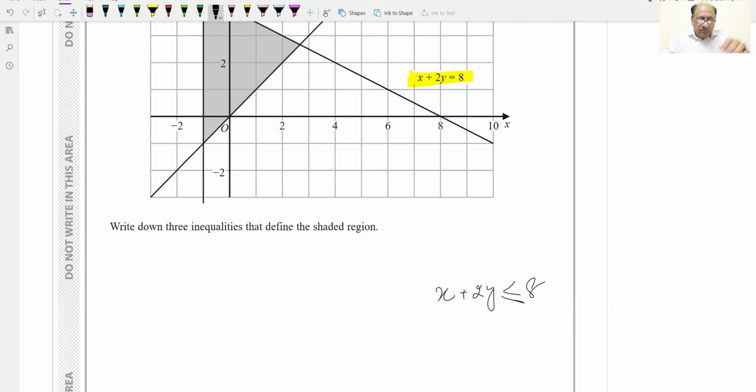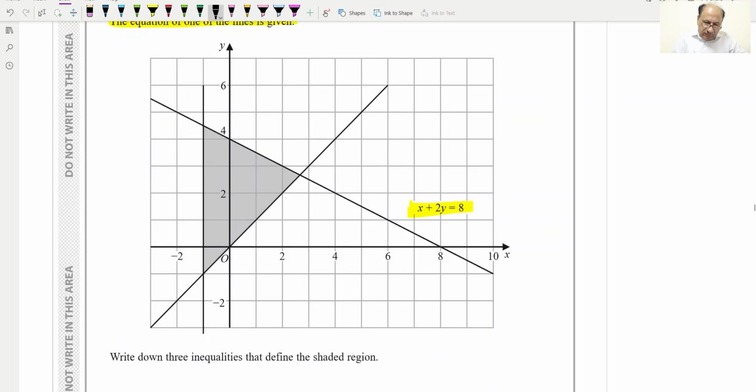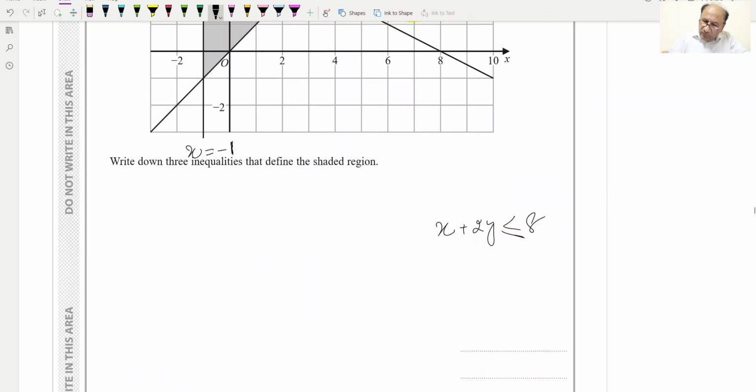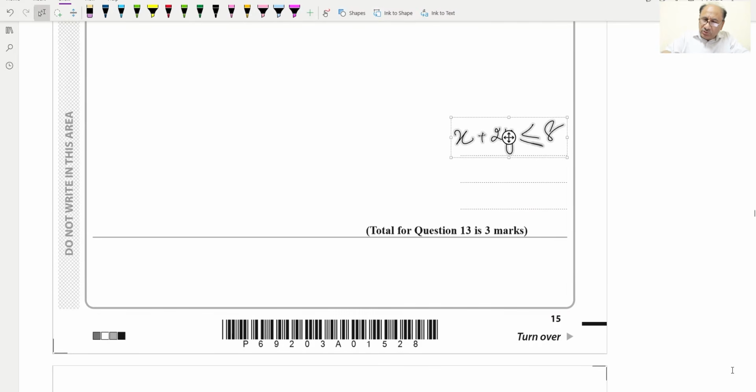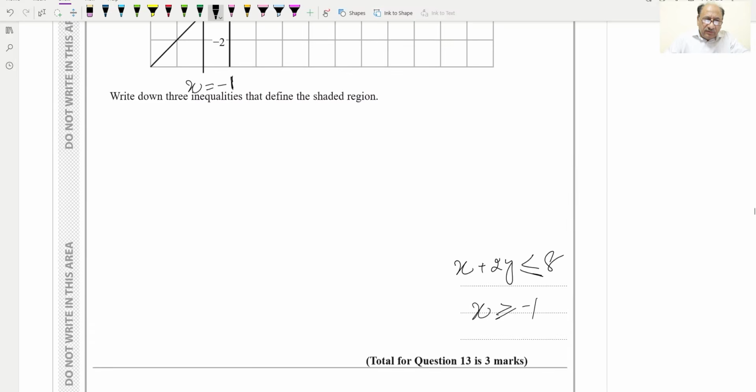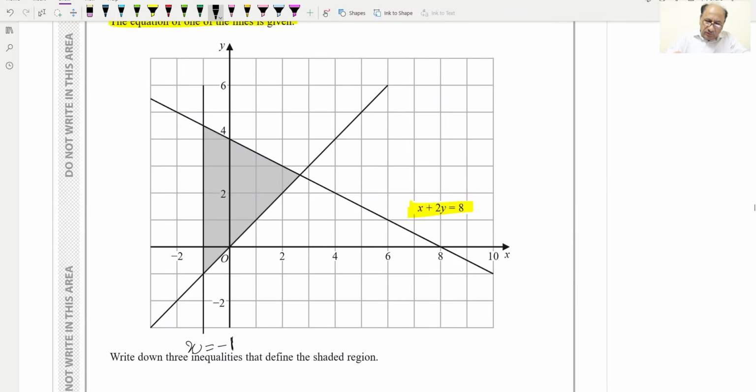Then we can check this line, which is x is equal to minus 1, so x is greater than or equal to minus 1 will be our second inequality. We can provide this answer over here, which is the required place. The third line is this one, where for 4 it is 4, for 6 it is 6.